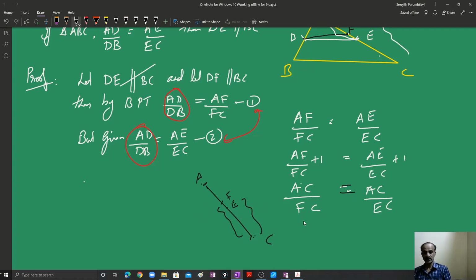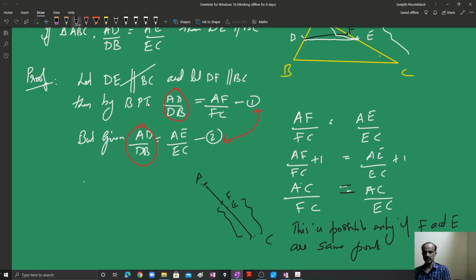How can this happen? This is possible only if F and E are the same point.